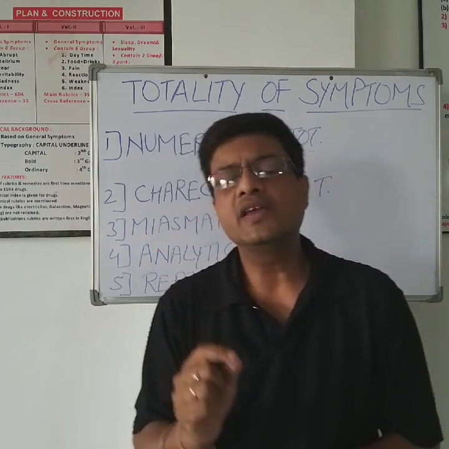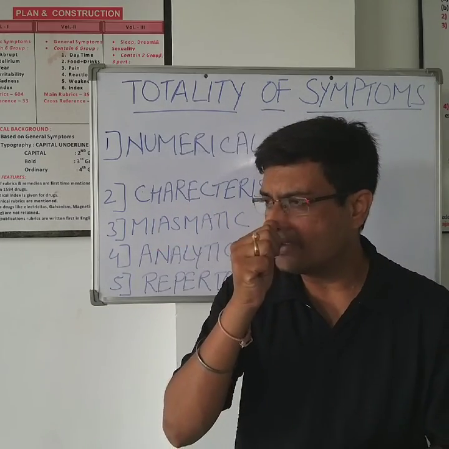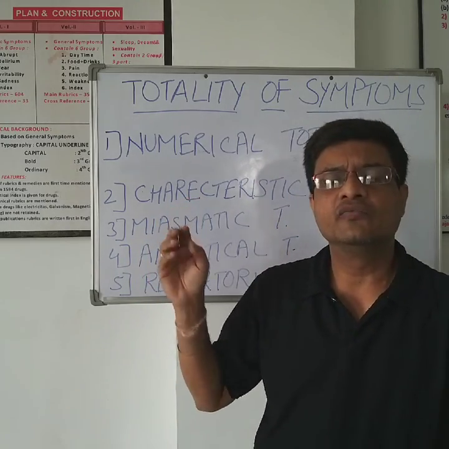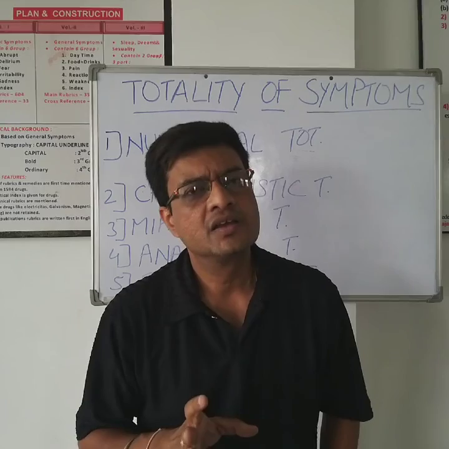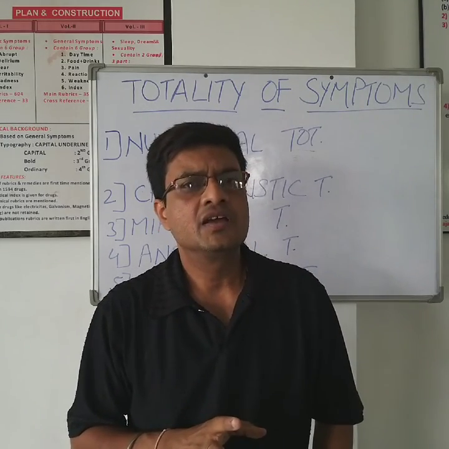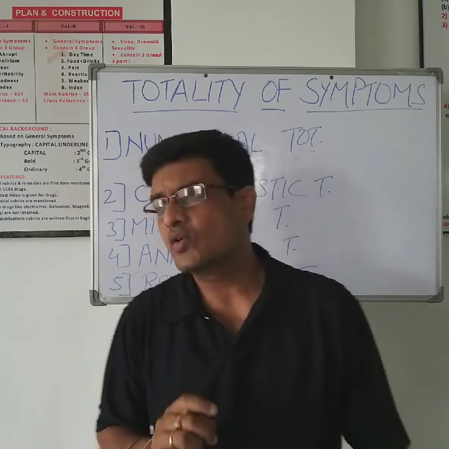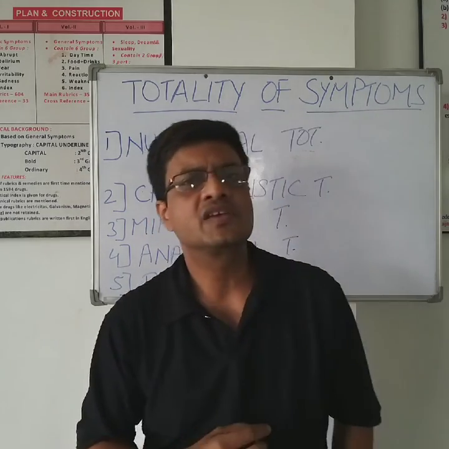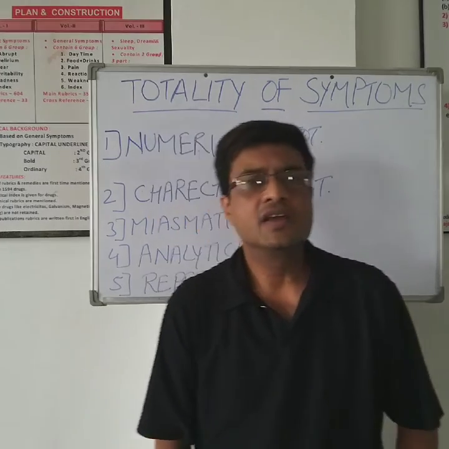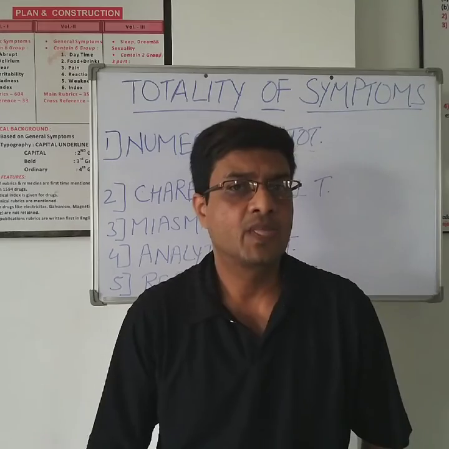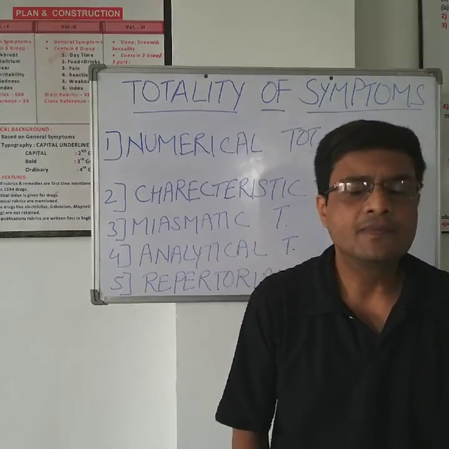One more important thing in numerical totality is they are written without any sequence. So there are 2 things in numerical totality. First is total number of sign and symptoms, and second important thing is it is written without any order. So that is numerical totality.